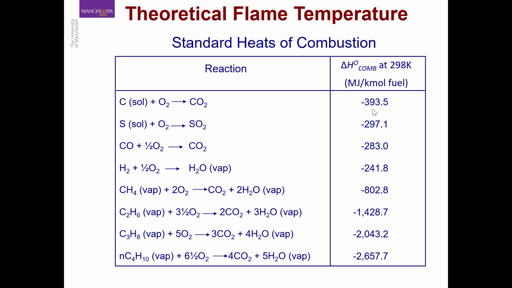So if you look here, we are given the standard heat of combustion at 290 degree Kelvin in megajoule per kilomole of fuel. So it means that if you burn 1 kilomole of methane, it will release 802 megajoule of heat. Okay, and these standard heats of combustion can be found in different databases like Perry's Handbook, or different software like Aspen and Hysys.